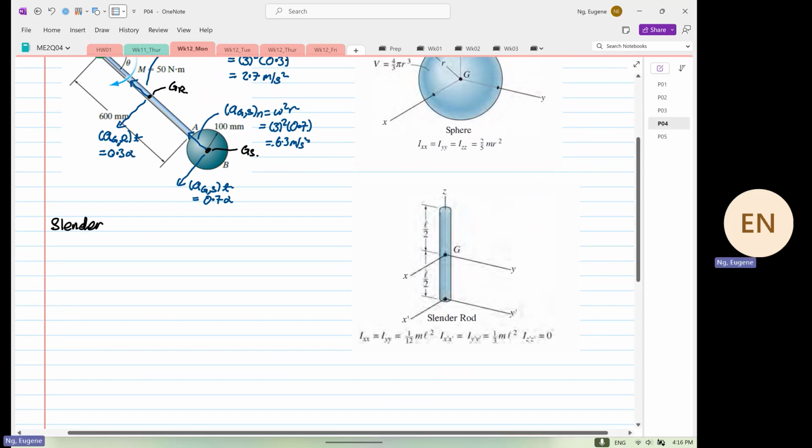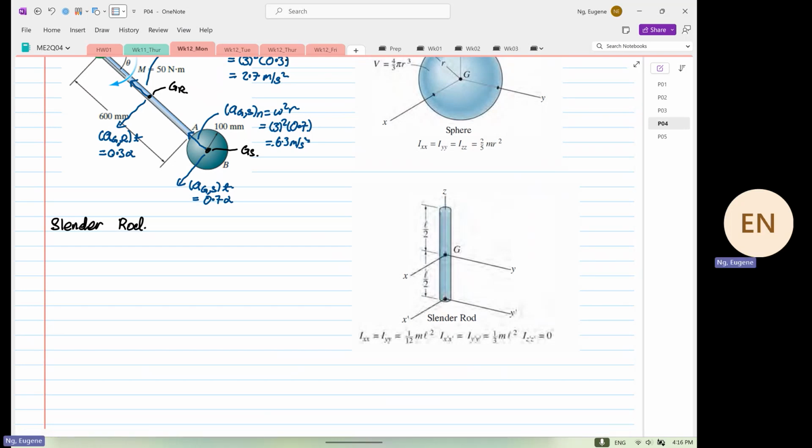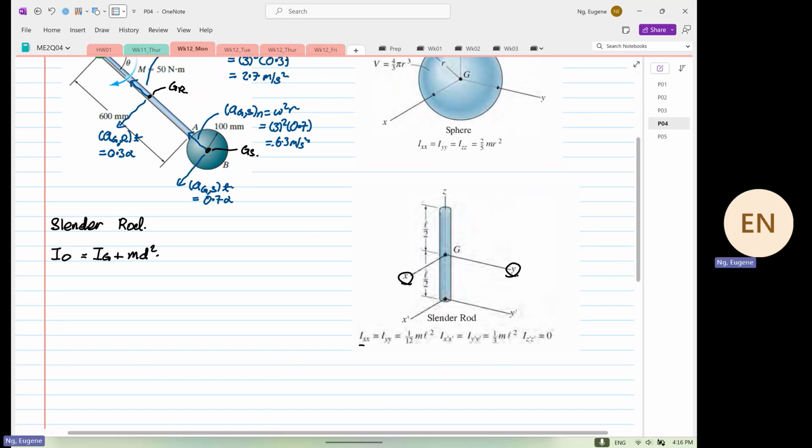There are 2 ways that you could do this for the slender rod. We want to find the mass moment of inertia at point O, and the general formula is I_G plus m d squared. I'm going to use I_xx or I_yy, which is 1 over 12 m l squared plus m d squared.